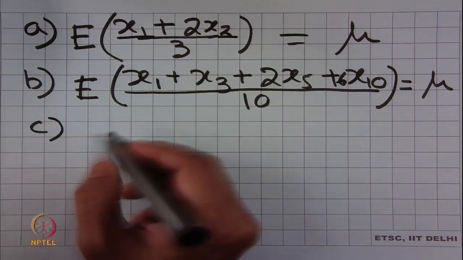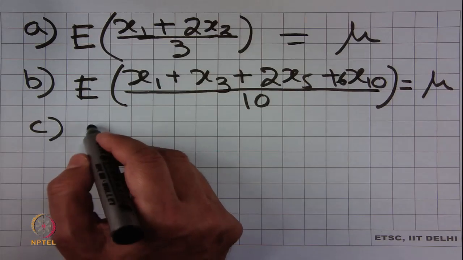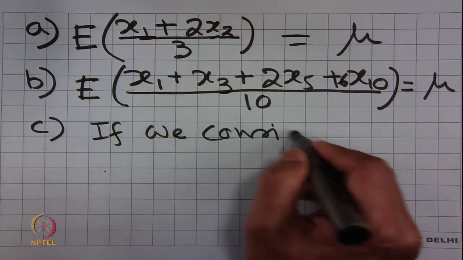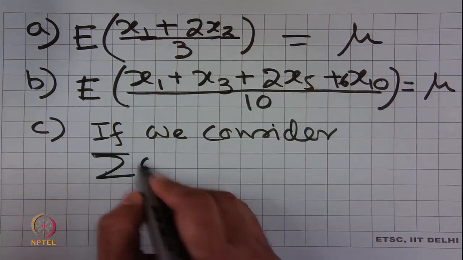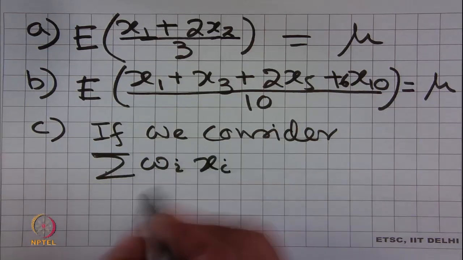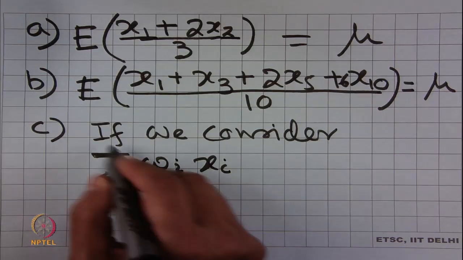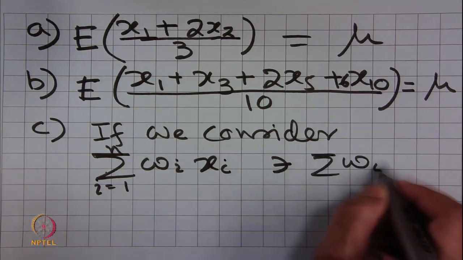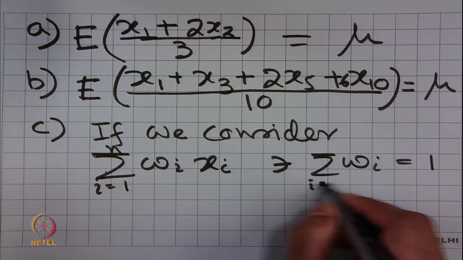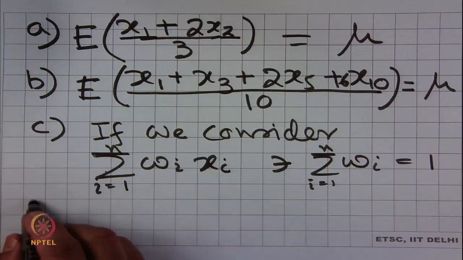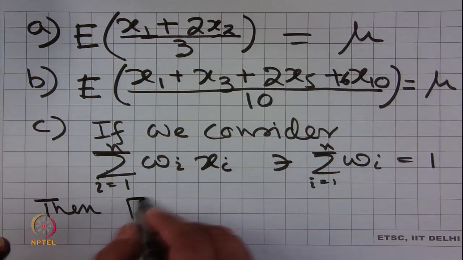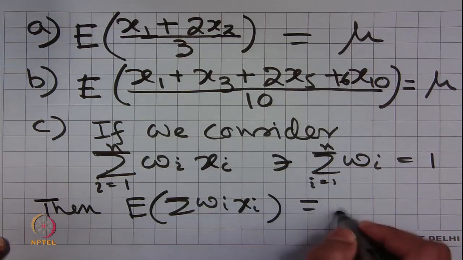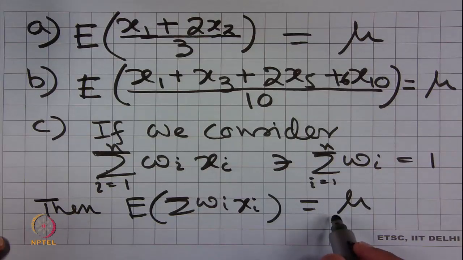In fact, if we consider the sum of wi xi, i equal to 1 to n, such that the sum of wi is equal to 1, then the expected value of the sum of wi xi is equal to mu. That is very clear.